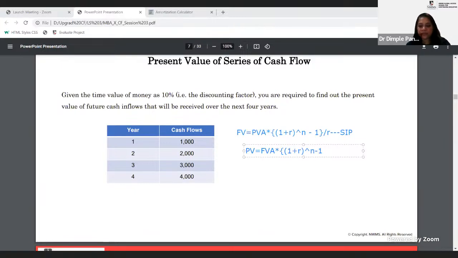The application is in the scenario where I want to know the amount to be invested today so that I can get an equal amount in the future, or the amount of loan I can take today so that I have to pay an equal EMI in the future. Clear, Vinay? The application part?